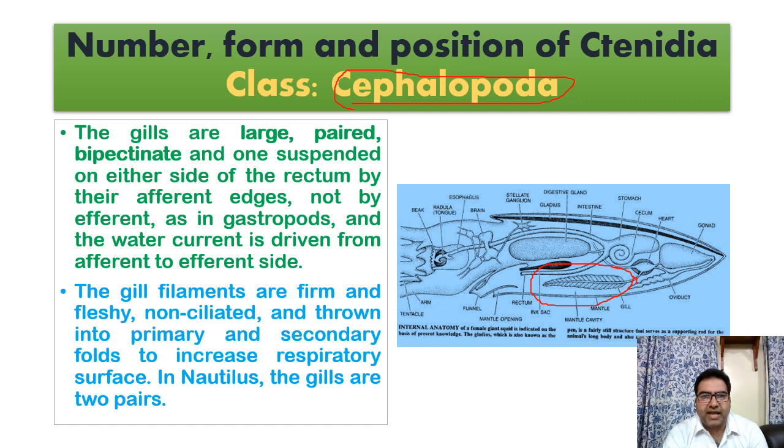Then we do have the pallial contractions which drive water between the gill filaments at great pressure. So we have studied how many ctenidia are present in different classes, how many forms of the Ctenidia are present, and what is the position of the Ctenidia in different classes.